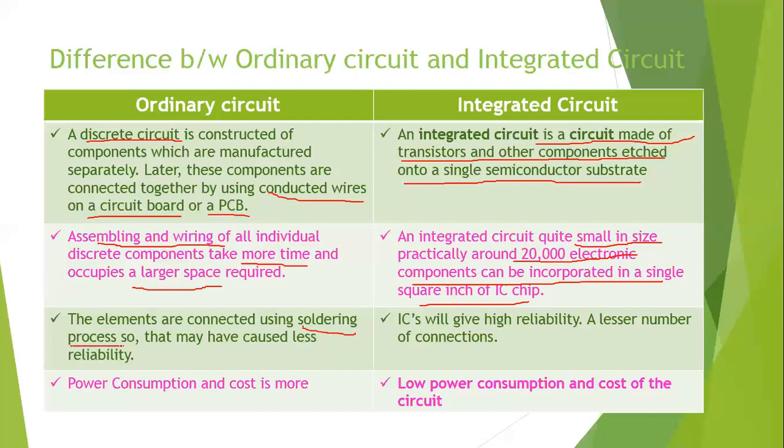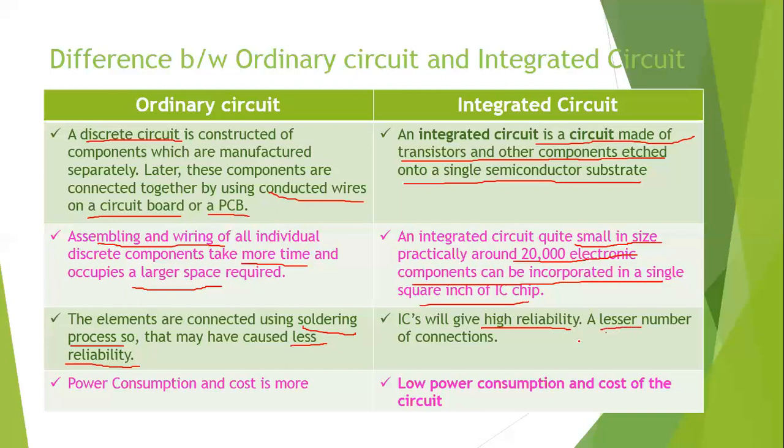Because of this, the heat generated by the soldering gun can damage components, so the circuit has less reliability. Whereas in ICs, as they are already fabricated on a single chip, the reliability of components can be high, and it doesn't require many connections.